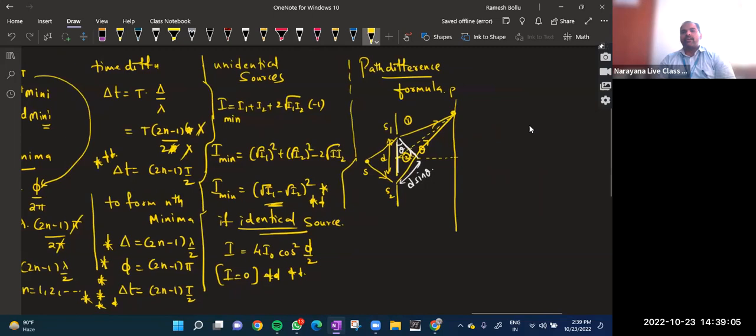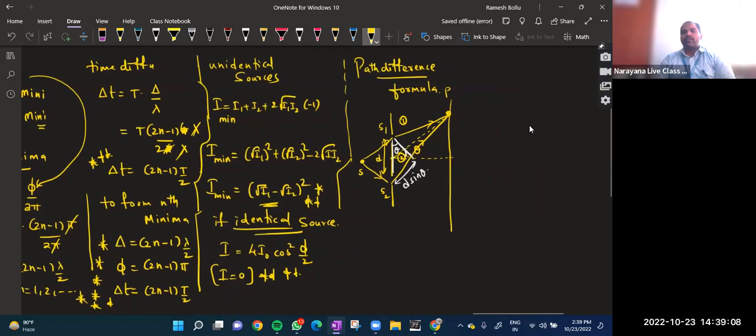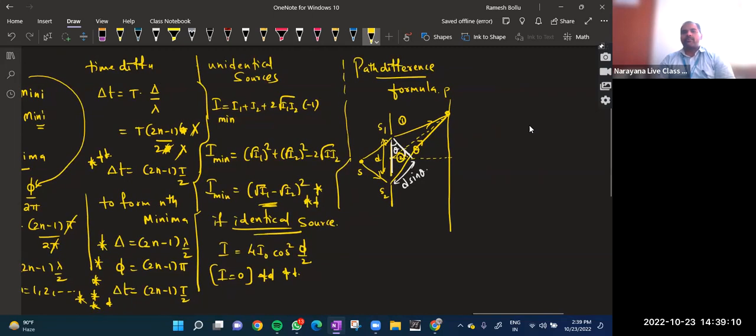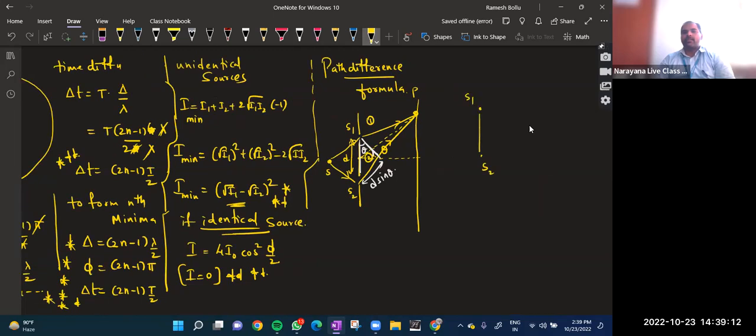This is source of light S1. This is source of light S2. What is the distance between them? d meter. There is one point P. I will join one line. I will join one line. If you drop one perpendicular line, this is only the extra path traveled by the wave, no?